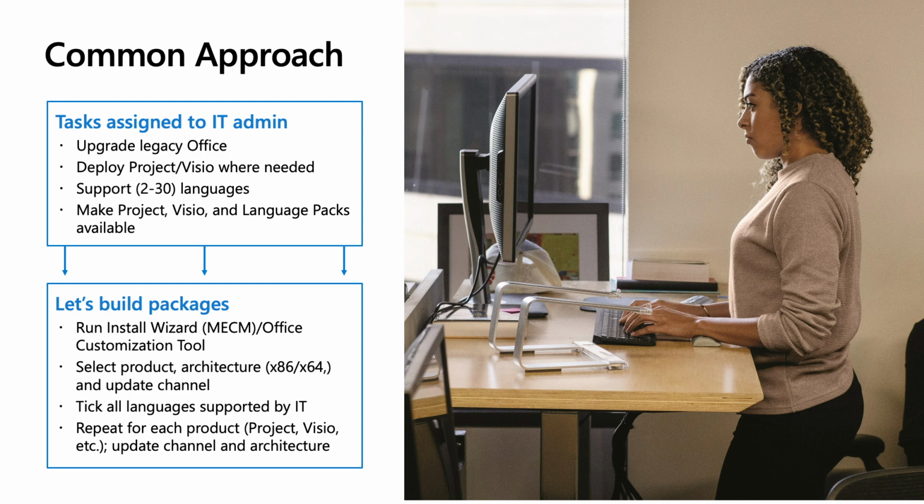But in order to address these different scenarios, you have to repeat this process. So one package for Office, one for Project, one for Visio. If you have, for example, 32 and 64-bit in your environment, you're repeating this process dedicated for 32-bit packages and 64-bit packages.